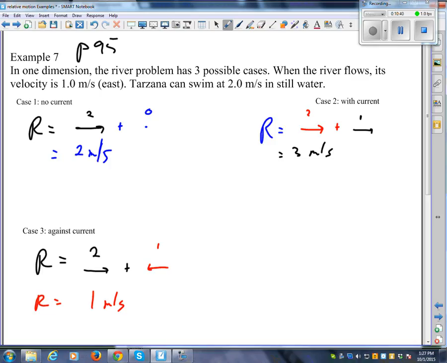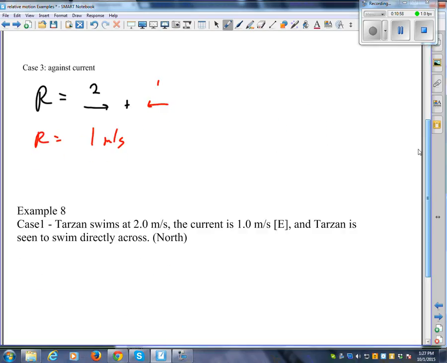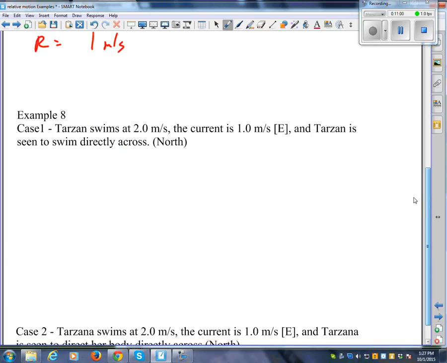Okay, so that's all shown on pages 97 and 98, and again, they make it way more complicated than these. Far more complicated. The real trick is when we get into two-dimensional relative velocity. And you guys did this last year in grade 11, right? And we did it by Pythagoras, and we did all that kind of stuff.